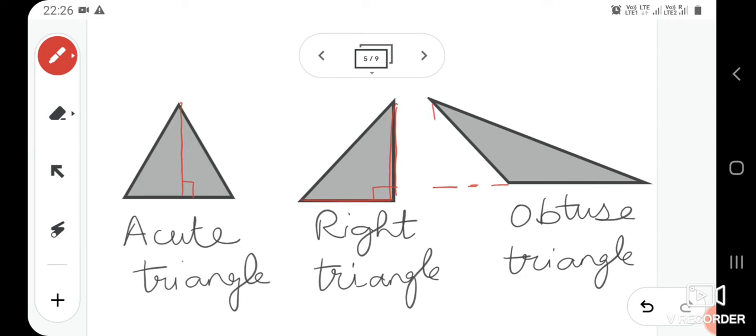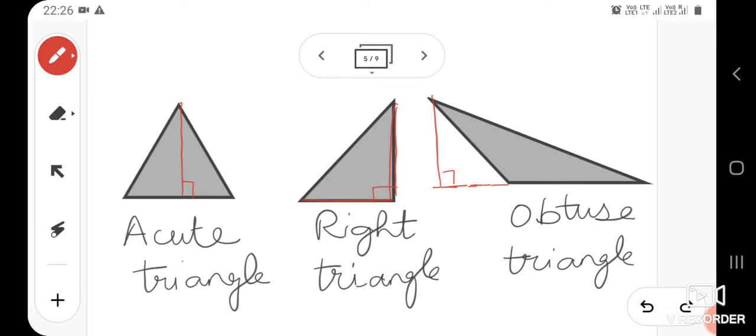Now from here we can draw a straight line which will be perpendicular to the base, but it will be perpendicular to the base when we extend the base to the left side. So you need to remember, in case of an obtuse angle triangle, the altitude is always outside the triangle.